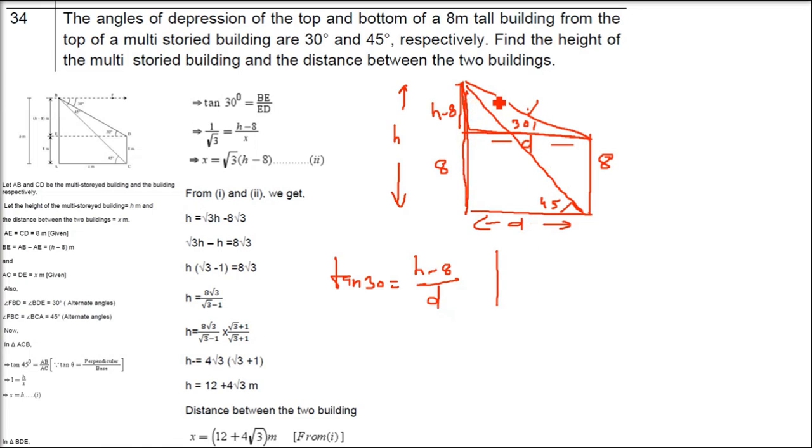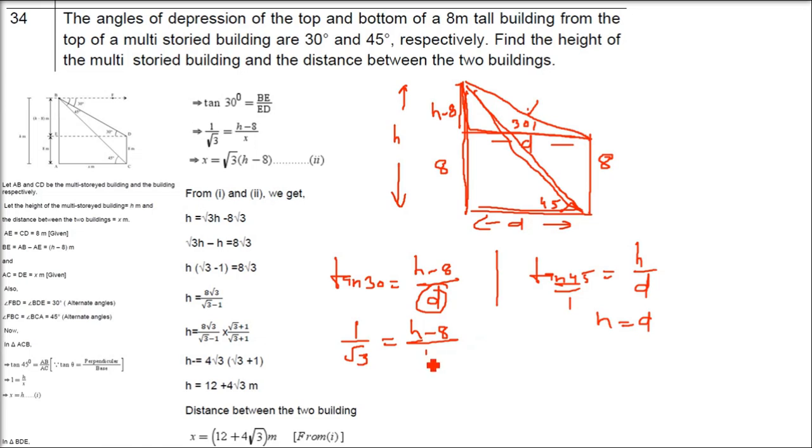What about the other triangle? It will be tan 45 degrees equals perpendicular, and now the whole h we are going to take, h by D. Tan 45 is 1, so h equals D. Now in place of D, you put h. So tan 30 will be h minus 8 by h. Tan 30 is 1 by root 3, so 1 by root 3 equals h minus 8 by h.